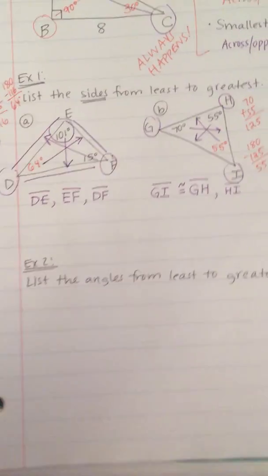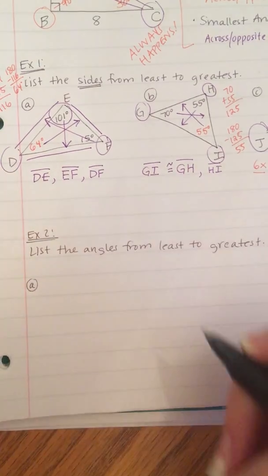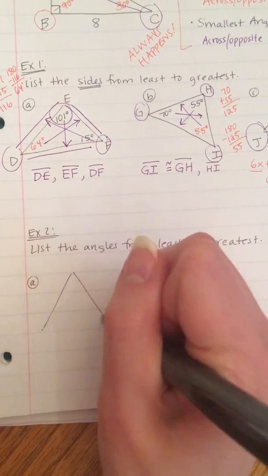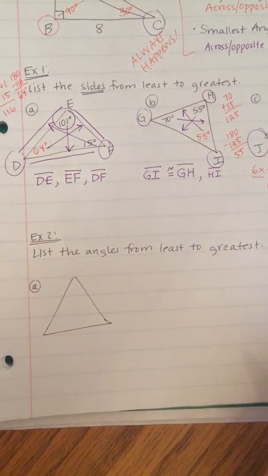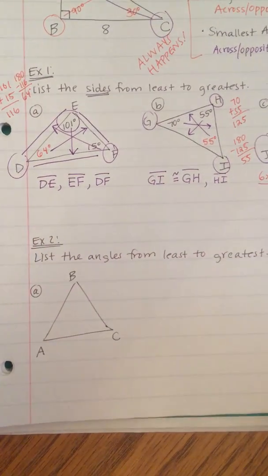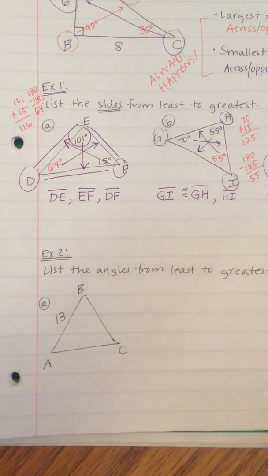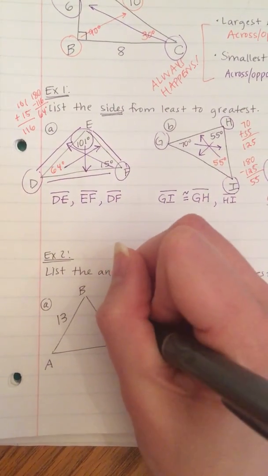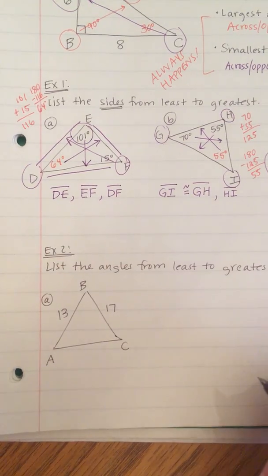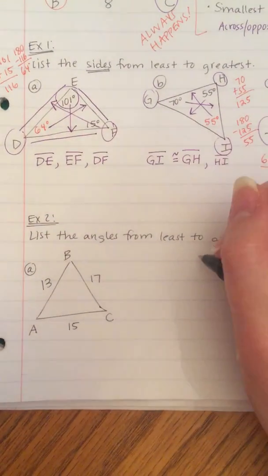And we'll just do 2 examples for this one. So for example A, let's draw a triangle. Let's call it A, B, C. And I'm going to name this side AB as 13 units long. Side BC will be 17 units long. Let's make side AC 15 units long.